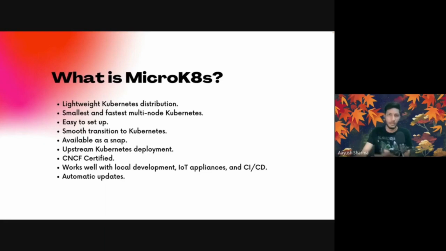MicroK8s is also distributed over operating systems: it is available on Linux, as it was basically made for Linux, and also on macOS and Windows. Some operating systems might require Multipass to access it, but mostly it is available on all systems. Again, it is CNCF certified, so it is basically upstream Kubernetes, and it operates completely on your workstation.